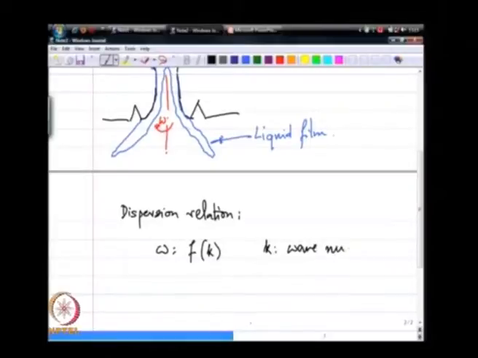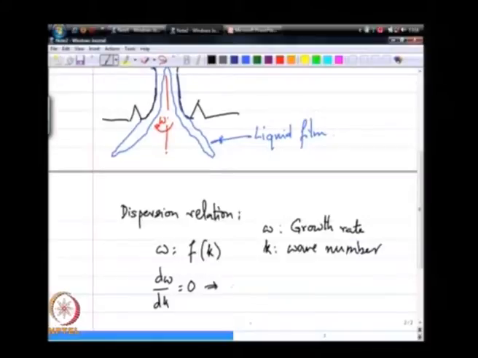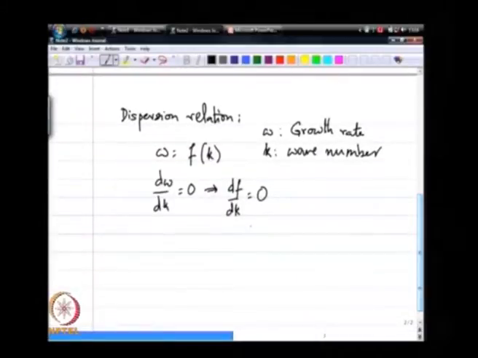We looked at at least 3 examples where we derived this omega, the growth rate, as a function of k, and we find the value of k at which d omega by dk is 0. So, that gives me k star.